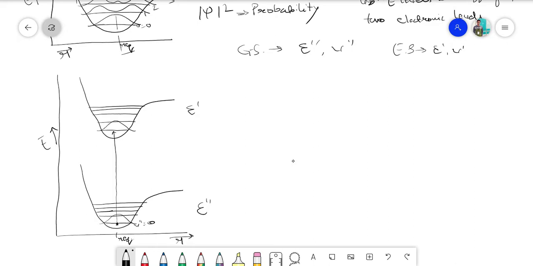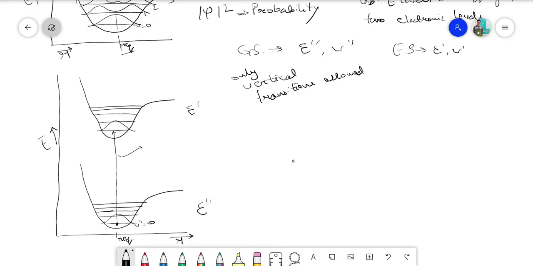Now this is a vertical transition, and the Franck-Condon principle tells us only vertical transitions are allowed. The x-axis is the internuclear separation, or distance. If during an electron transition the internuclear separation, that means the distance between the two atoms, doesn't change, that's the vertical transition.